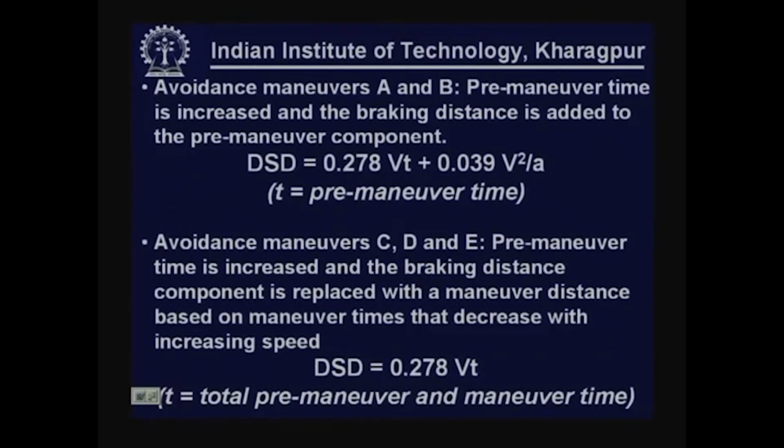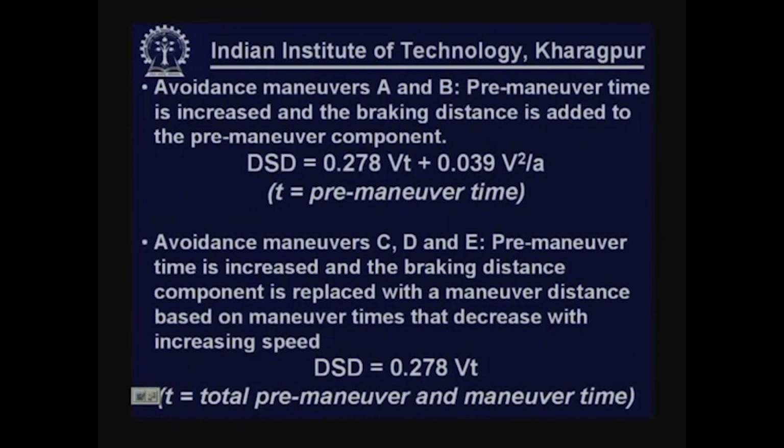For avoidance maneuver C, D and E, it is not the stop of vehicle. So, the stopping component, the braking distance component, will not be applicable. So, pre-maneuver time remains as it was for avoidance maneuver A and B, a higher value than the reaction time is used, and the braking distance component is replaced with a maneuver distance based on maneuver times that decrease with increasing speed.